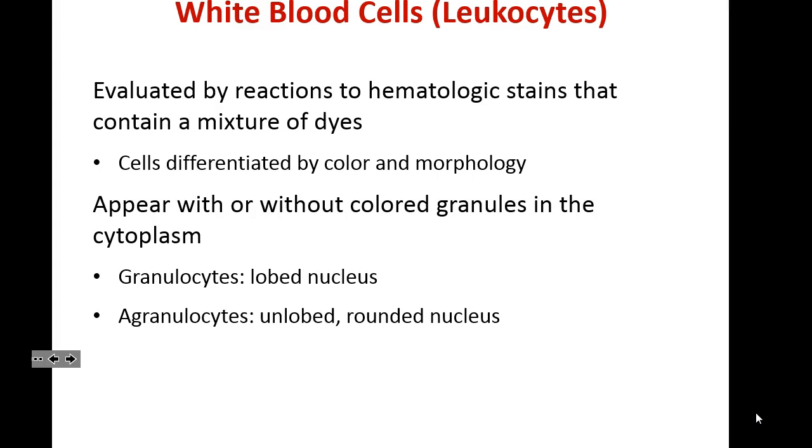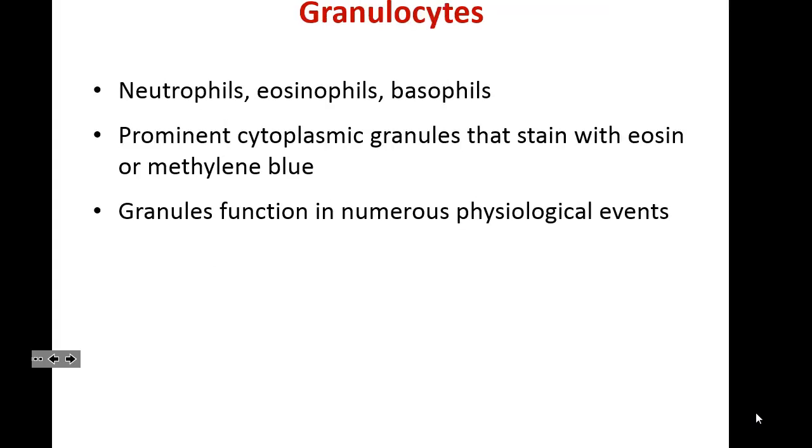Granulocytes have a lobed nucleus. Agranulocytes are unlobed and have a rounded nucleus. What does the letter A in front of a word do to any word? Okay, without. It negates whatever the meaning of that word is.